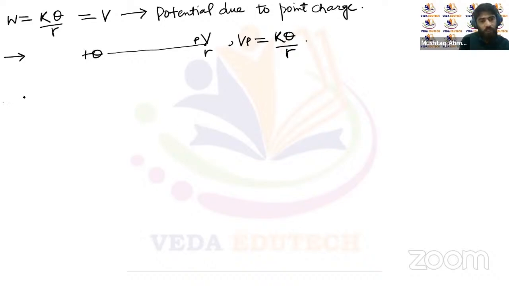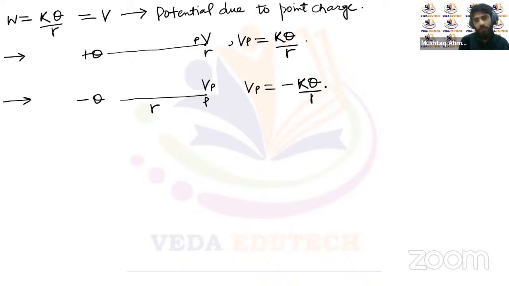And suppose the charge is negative, let's suppose minus q charge is there, then the potential at P at some distance r will be a negative potential, right? In this case, we can define this Vp as minus kq upon r, right? So this will be a negative potential at this point.